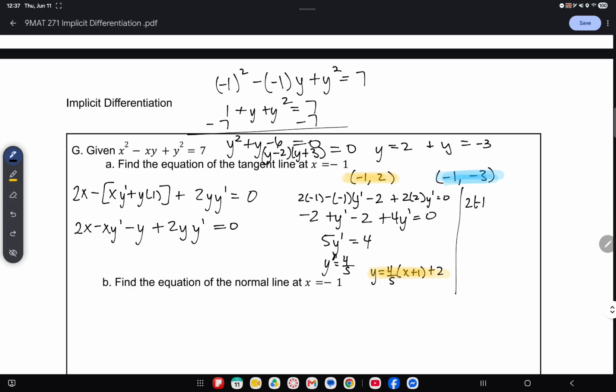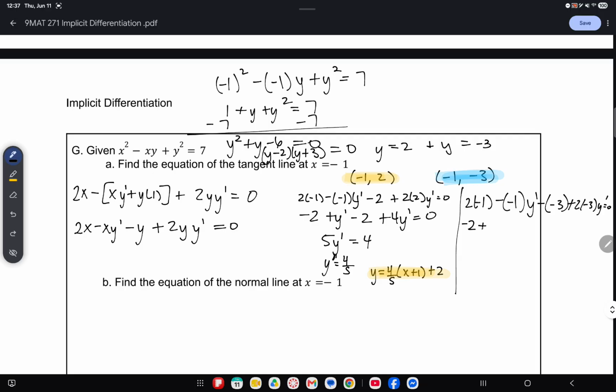So 2x minus xy prime minus y plus 2y y prime is 0.